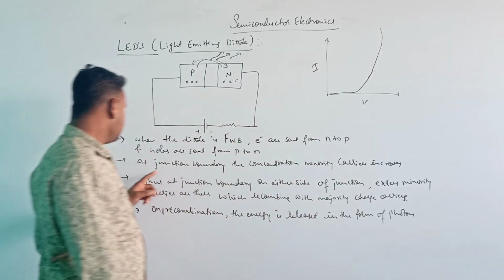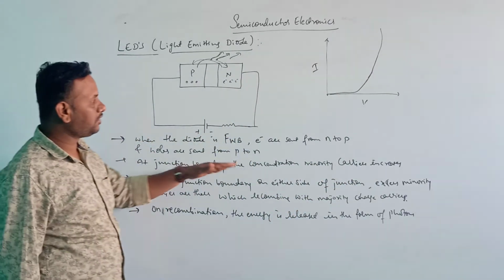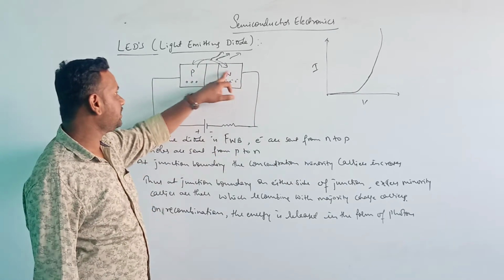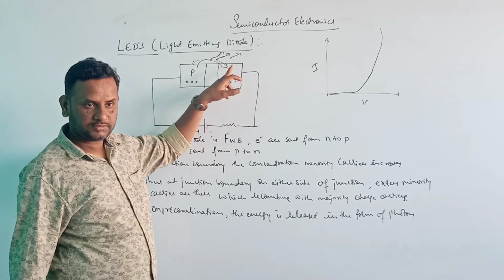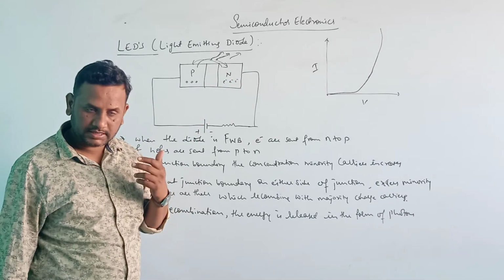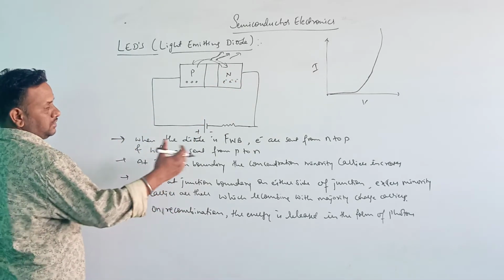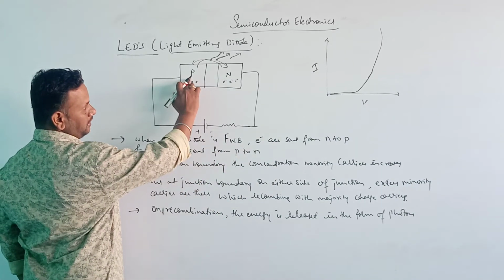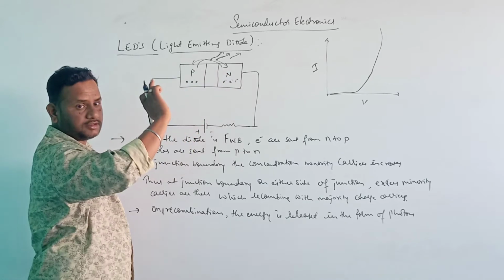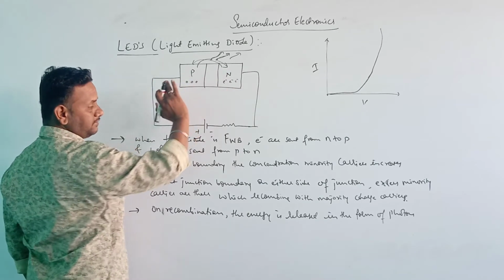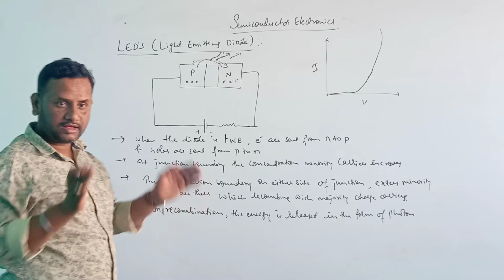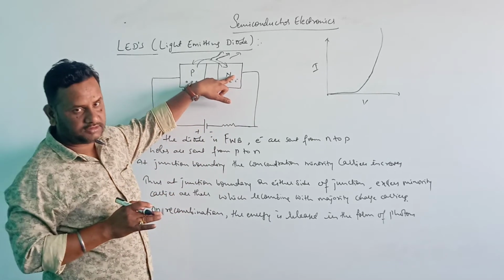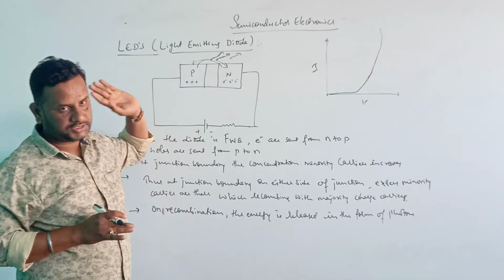So thus at the junction boundary on either side of the junction, excess minority carriers are there. As the minority carriers increase, the excess minority carriers are there in the P region and in the N region, which recombine with the majority charge carriers present in the N region and the P region.